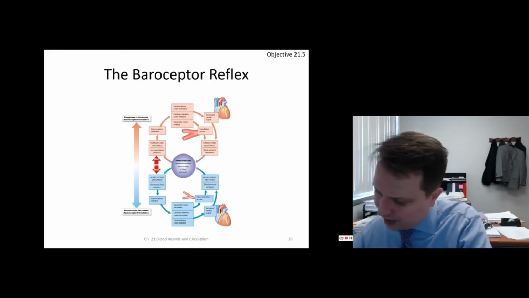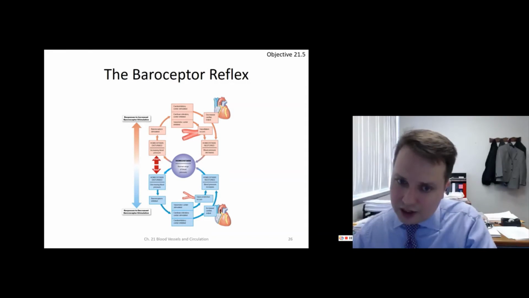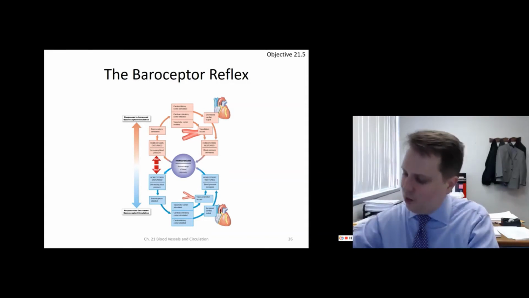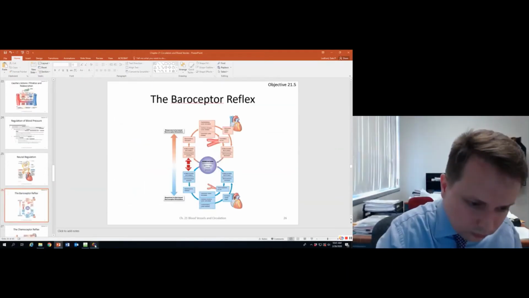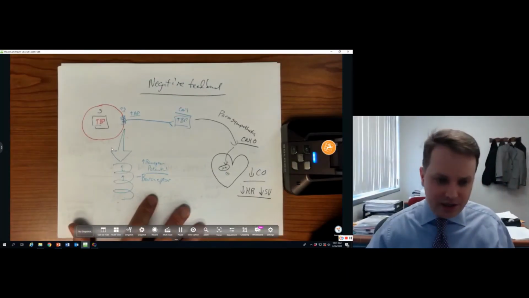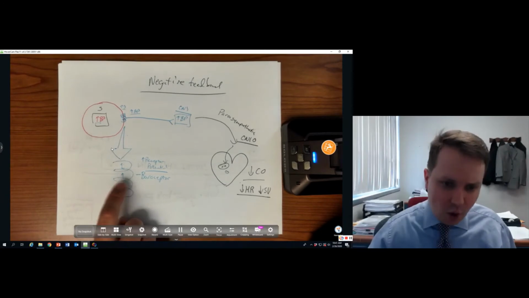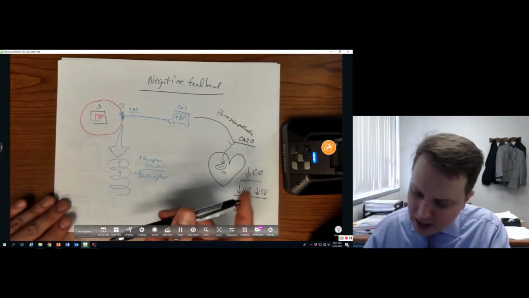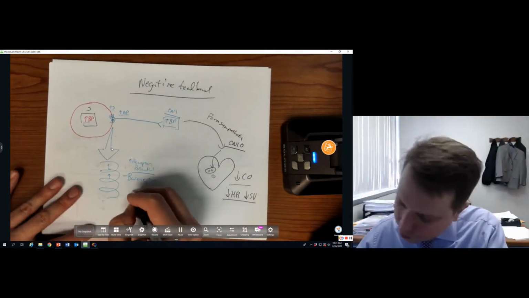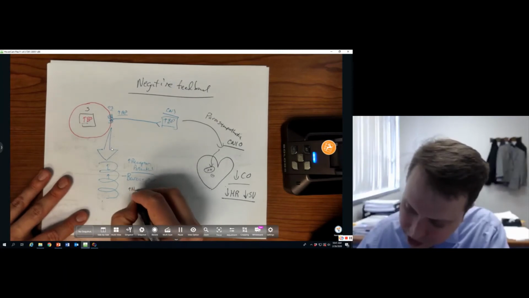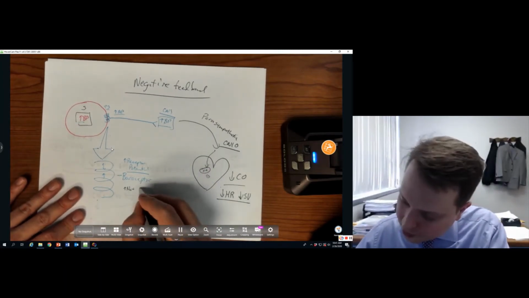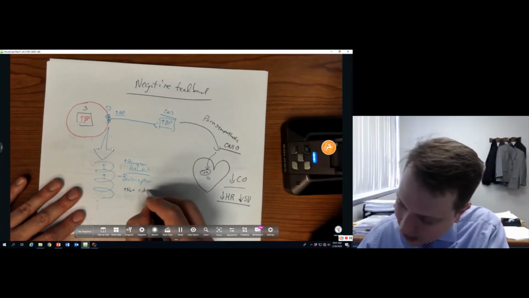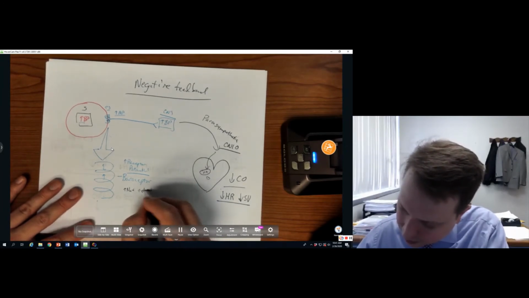What am I talking about here? When I do that, just so you understand what I mean, this is what I'm drawing: you're stretching the baroreceptors more, you're opening them up. And when you open them up, you increase the sodium entry into that cell, which causes depolarization of that cell.